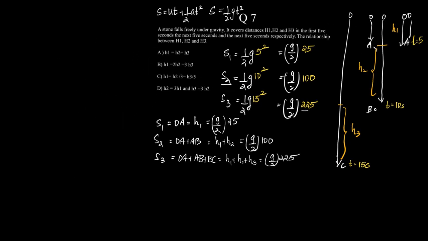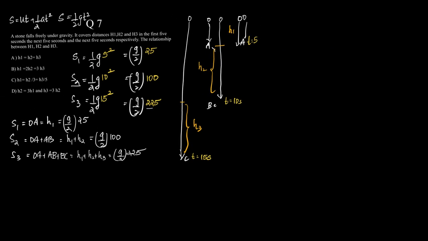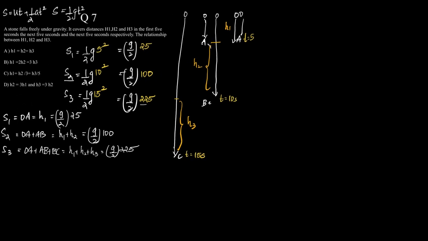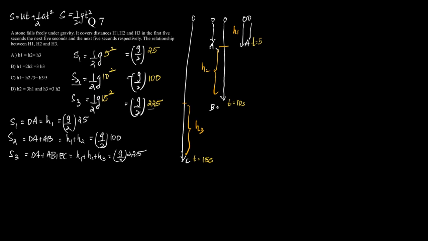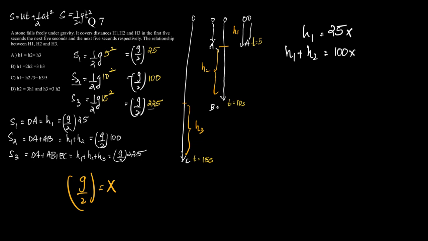Now it's just linear equation, but I'll try to solve that also. So let me write down the equations first. So h1 is equal to, now see what I'll do is I'll consider g by 2 as x. So h1 is equal to 25x, h1 plus h2 is equal to 100x.